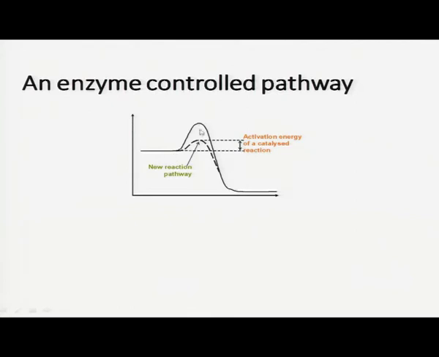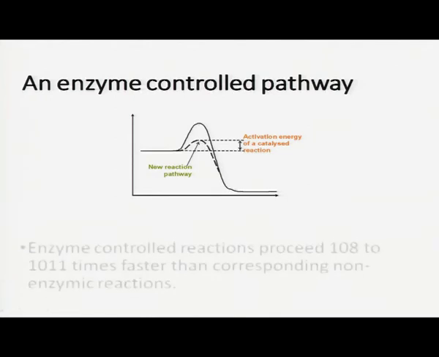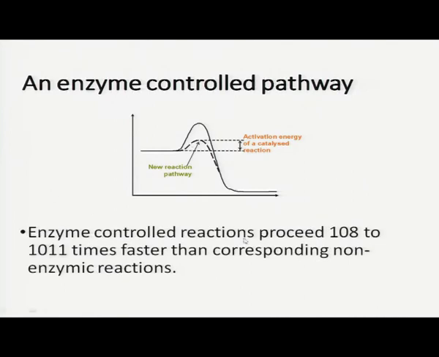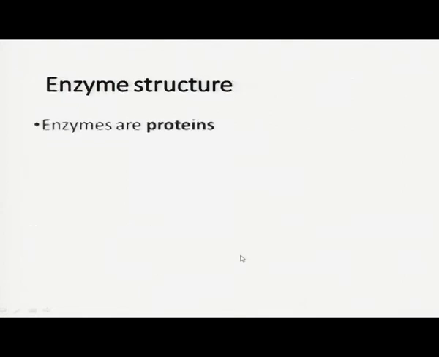Now, the activation energy is lowered and the reaction goes on at a lower temperature. So, the enzyme helps in the formation of a new path for the reaction. Enzymes can make reactions proceed 10^8 to 10^11 times faster than the corresponding non-enzymatic reaction. So, with the help of an enzyme, the reaction is accelerated without being used up.